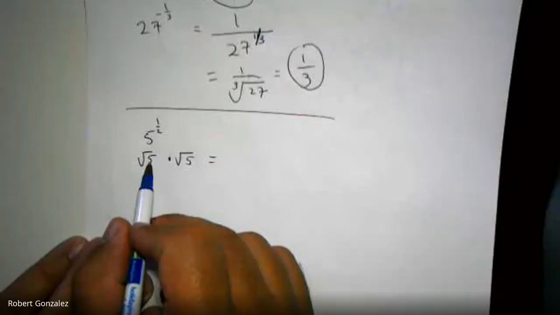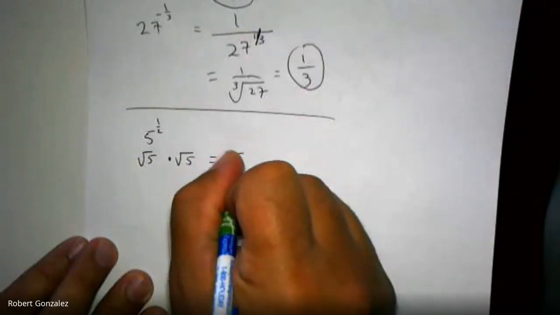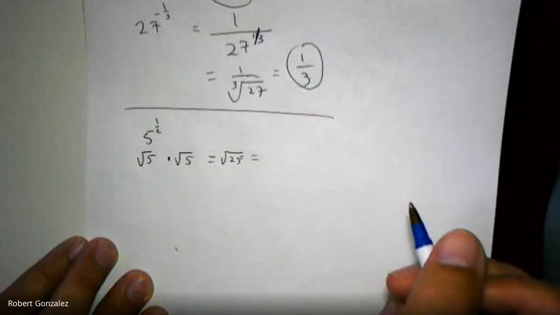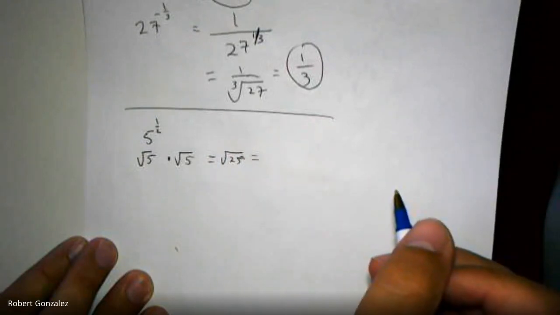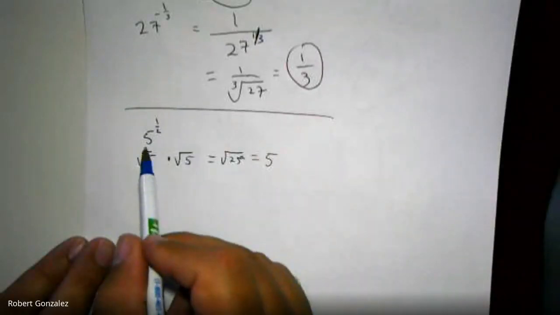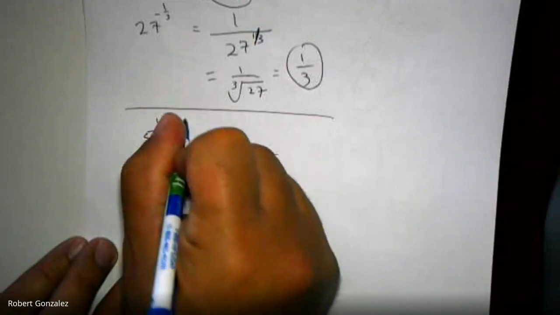Square root of 10. Let's try again. The product rule says that we multiply what's underneath. That gives us square root of 25, which is what? Try again. What do you get? 5. So if these are the same, then I should be able to multiply it by itself and get 5.